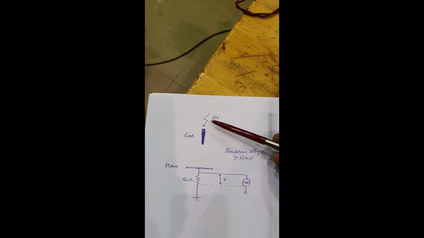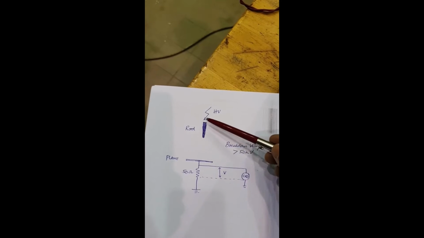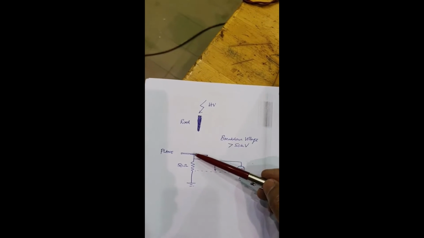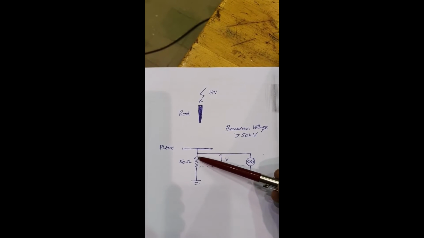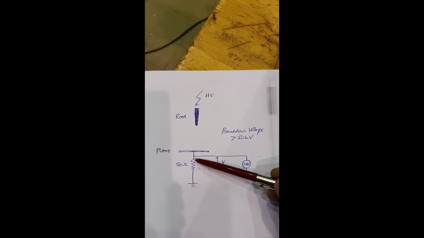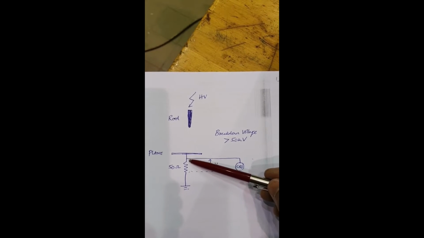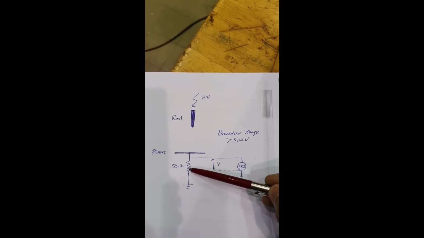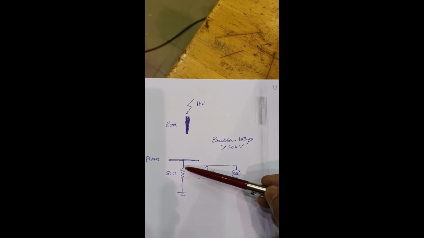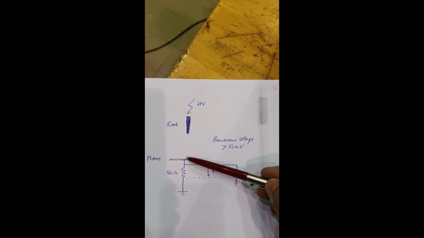Let me explain it like this. My connection is similar to this one. So the rod is at high voltage, the plane will be at ground, and I cannot measure the current here directly.